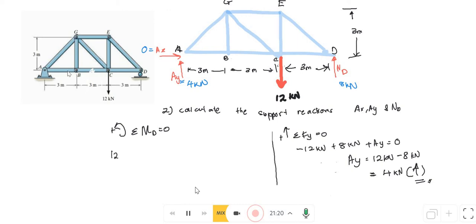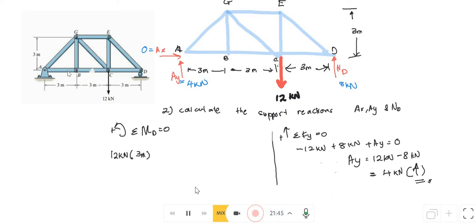So 12 kilonewton, and then you multiply with 3 meter the distance. Then we have the AY. AX will not produce any moment, and at the same time we know that AX is equal to 0, so it's only AY. So we have AY, and AY should be negative.